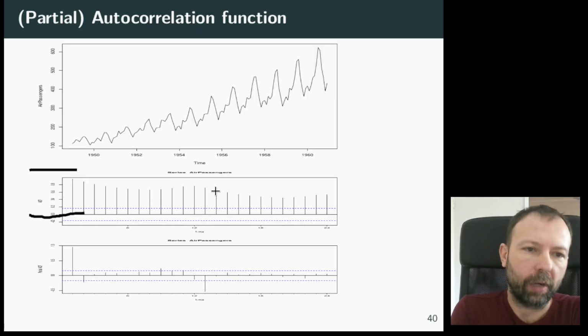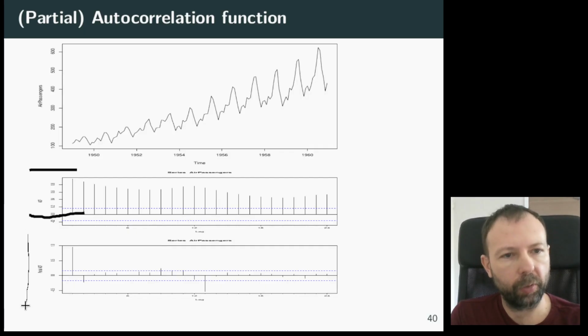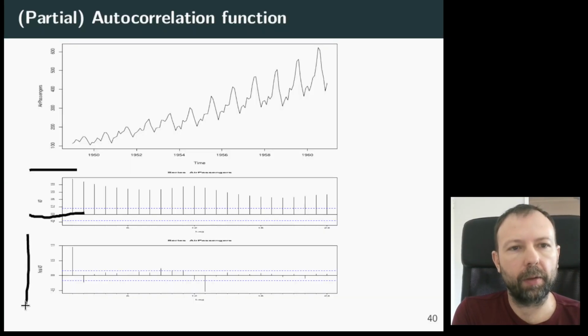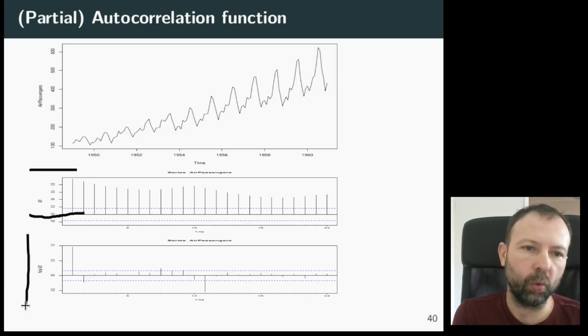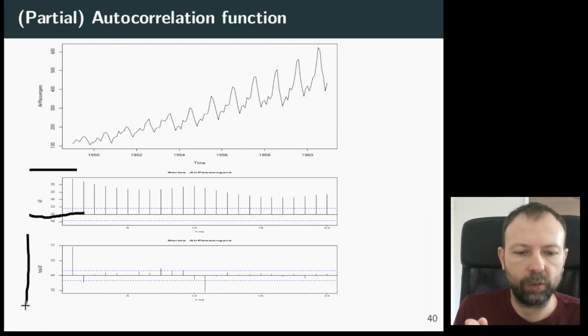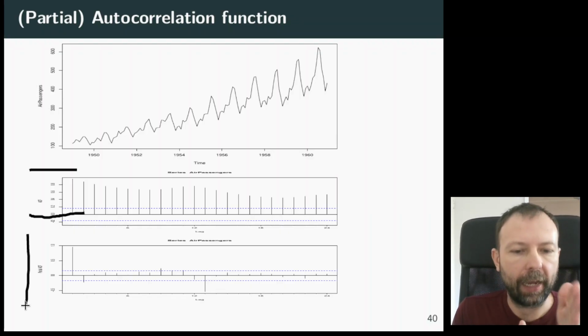Okay, that's the autocorrelation. And now you have something else that is called partial autocorrelation, which is shown here in this second plot. The idea is, for example, for lag 2, sure, lag 2 has a lot of correlation with lag 0, with the current value, but that's only because there's a lot of correlation in lag 1, right?